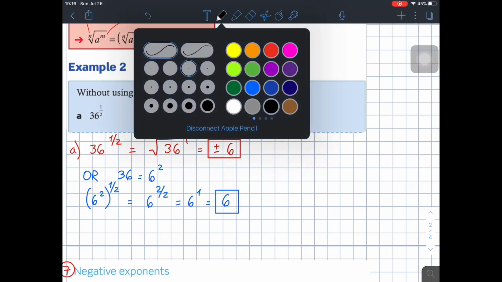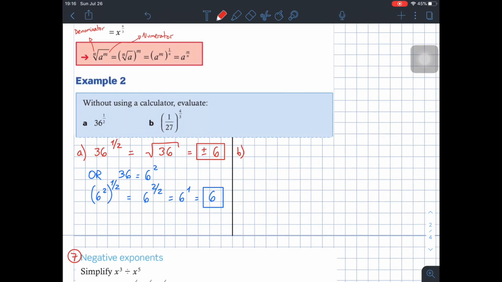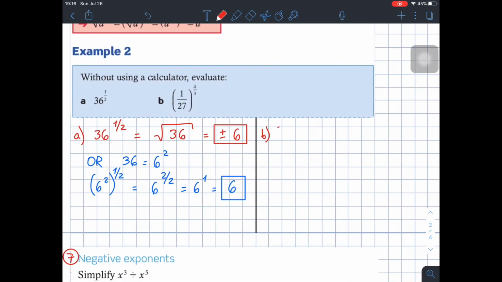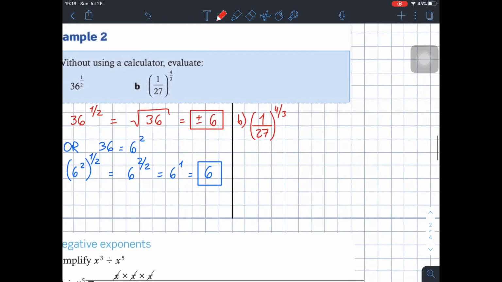I'm going to separate this using a line. Part B says the following: 1 over 27 to the power of 4/3. Okay, so 1 over 27 to the power of 4/3. One way that we could do this is, for example, we can convert 27 to its equivalent, which is 3 cubed, right?